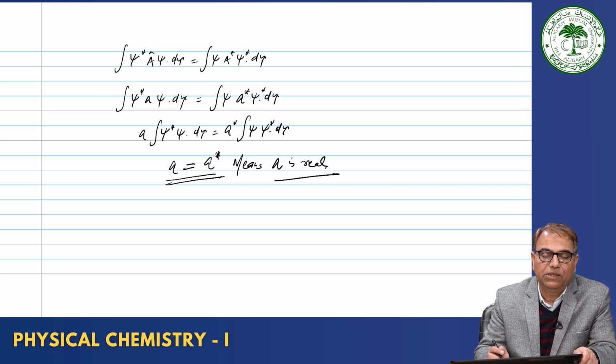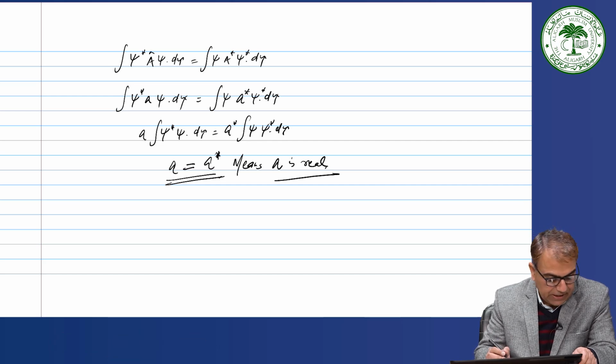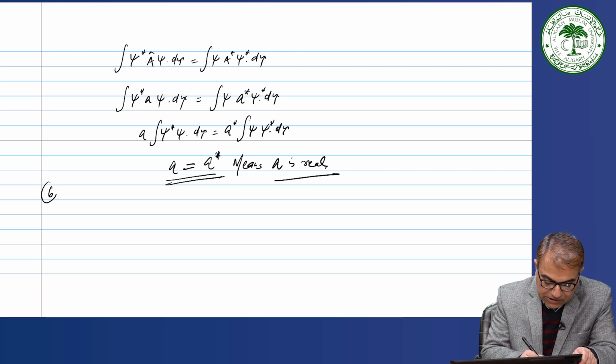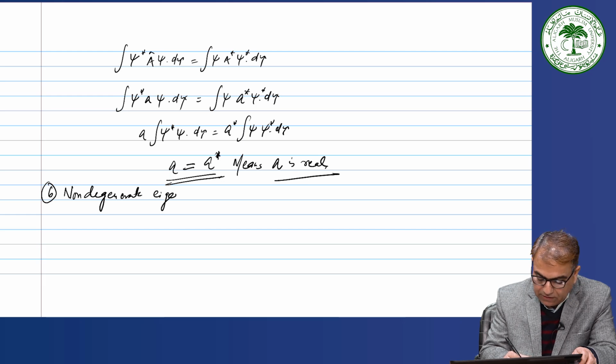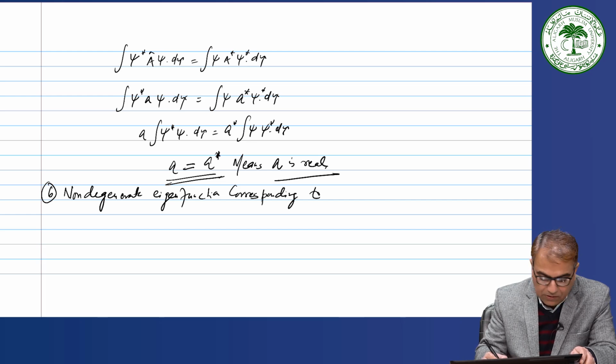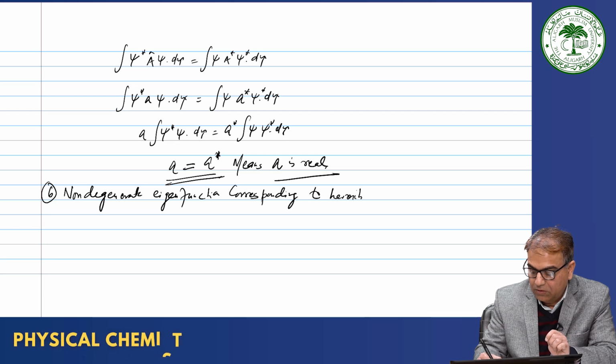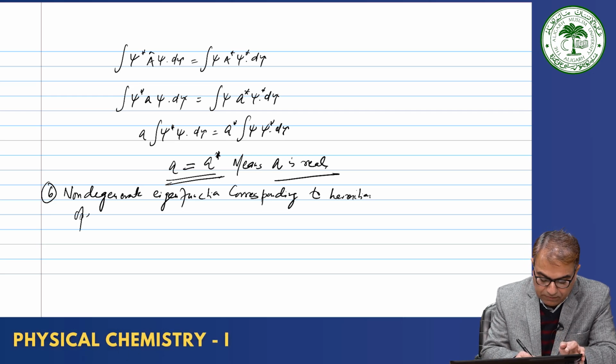So the most important property of a Hermitian operator is that it always gives real eigenvalues. And the last one is that non-degenerate eigenfunctions corresponding to Hermitian operators are orthogonal.